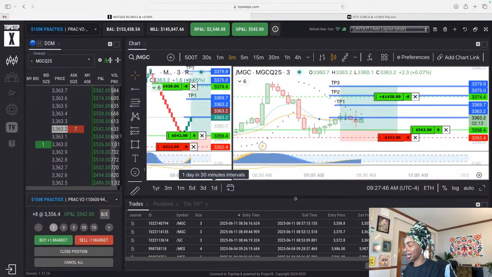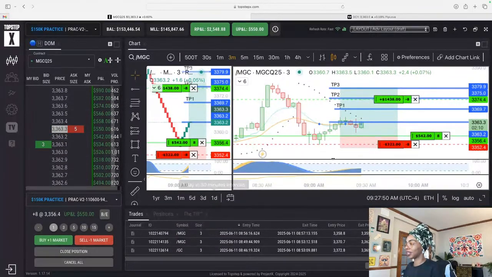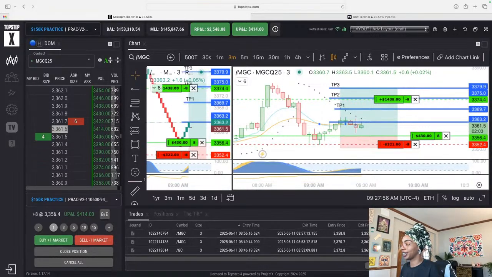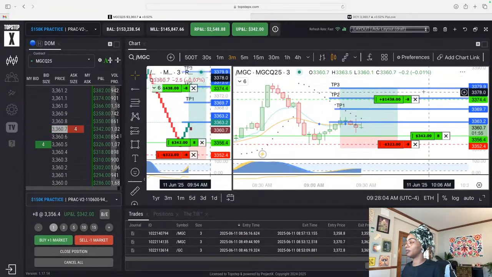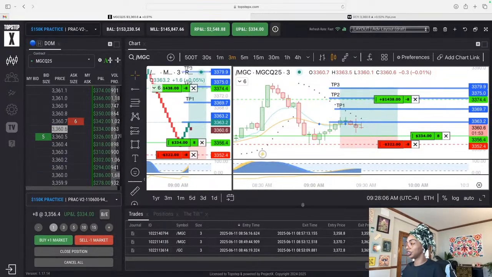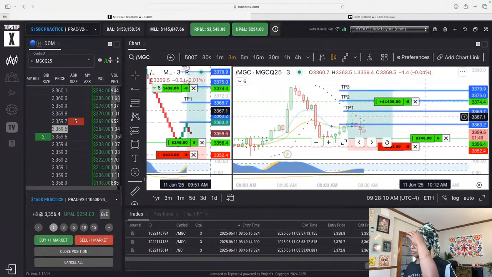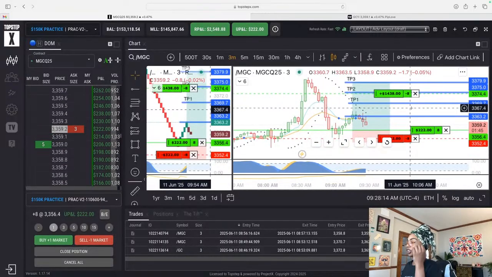All right, so we had a nice green day today in the markets. We set up our trades for the remainder of the day. We have a couple different take profit points. We have a plan, depending on what type of trader we are and what type of risk we are willing to take on, for how we can trail our trades according to market structure.